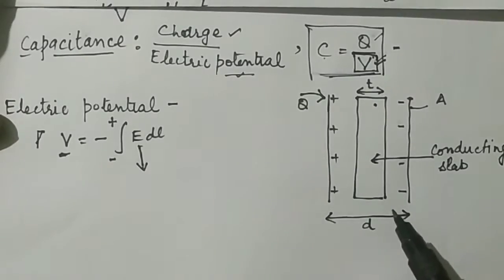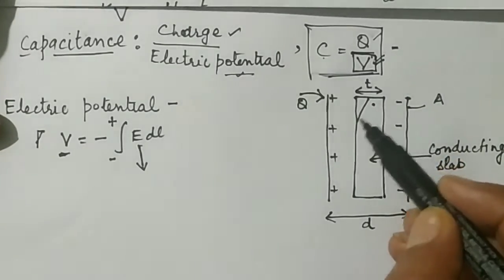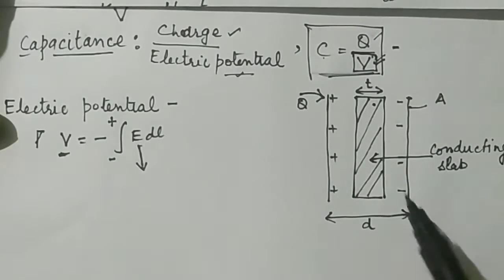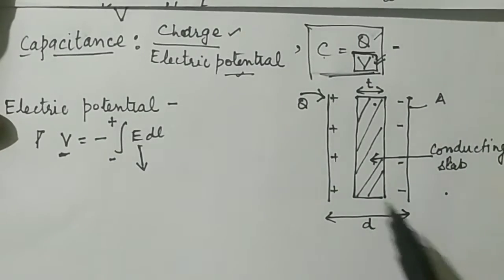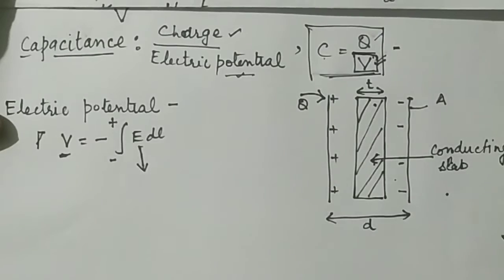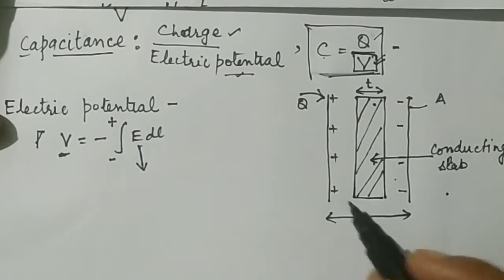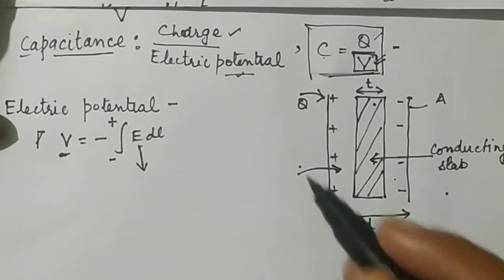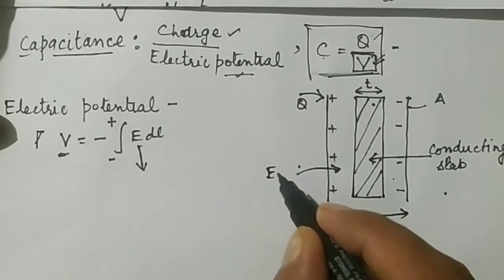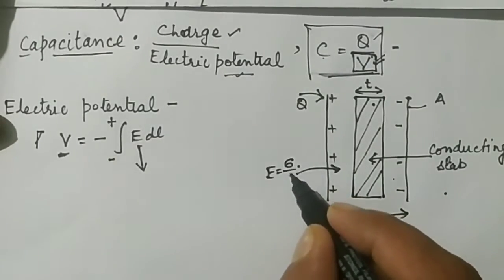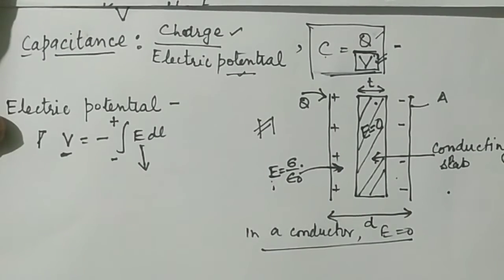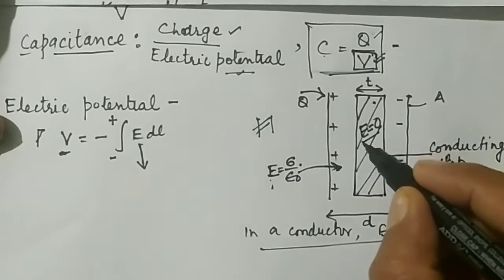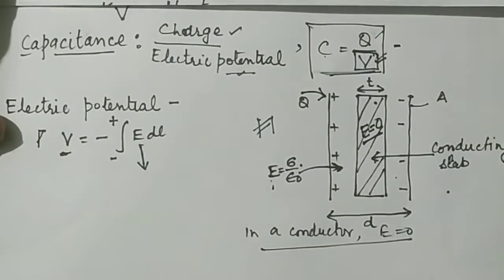If you see carefully, there are two regions: one region is the conducting slab, and the other is outside the slab. We know that where there is vacuum, the electric field is equal to sigma by epsilon naught. In a conductor the electric field is 0, so in this region the electric field is 0.